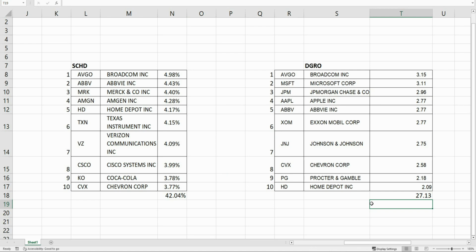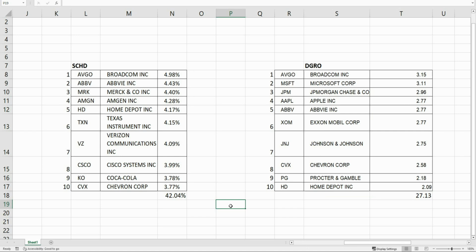Now, that is because of the number of holdings each ETF holds. Remember, SCHD has about 100 holdings, whereas DGRO has far many more holdings. So, as expected, you're going to see less concentration in the top 10 for DGRO versus SCHD.